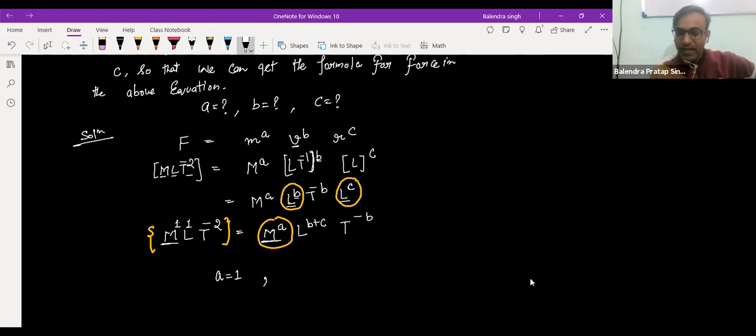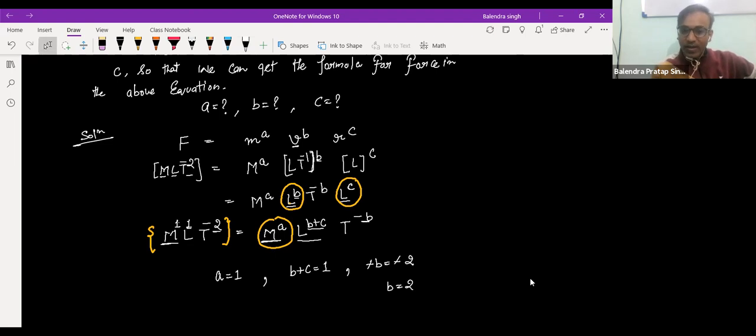Now if you compare L, here L is raised to the power b plus c and on the other side L is raised to the power 1. So you get b plus c equals 1. So you get another equation. And the last one, by comparison of T: here T has the power -2 and here T has the power -b, so -b equals -2, so b equals 2.